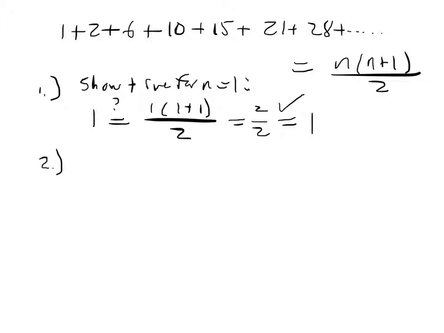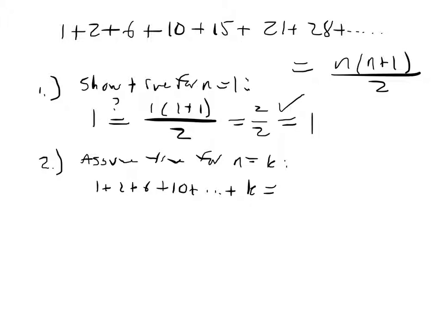Second part's a little more complex. Assume true for n equals k. If I do that, then 1 plus 2 plus 6 plus 10 plus dot dot dot plus k, I'm supposed to show that that equals k times k plus 1 over 2.